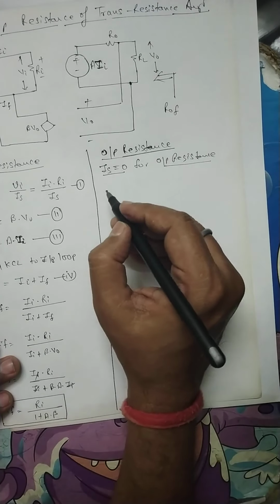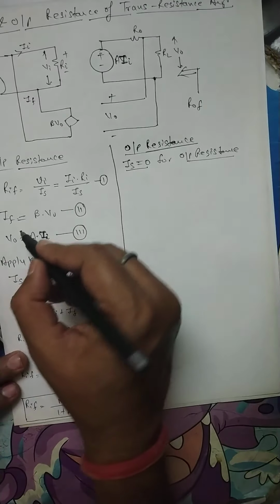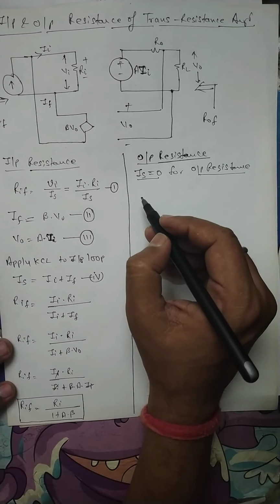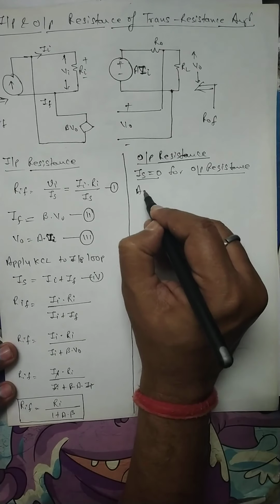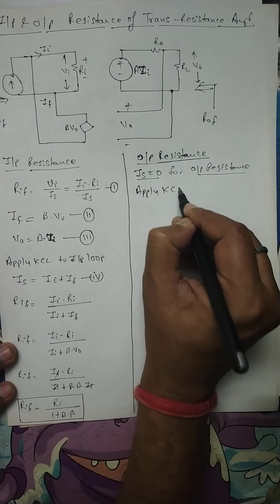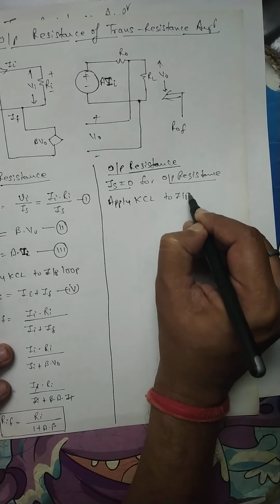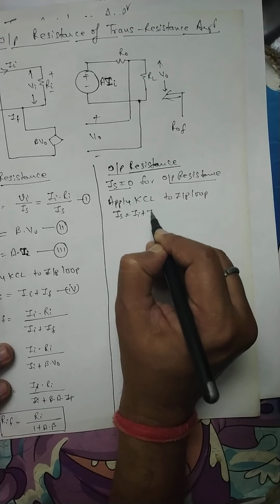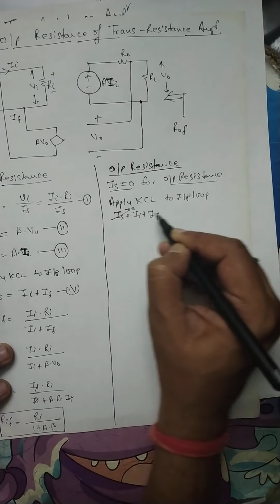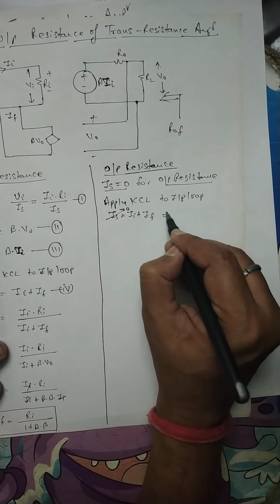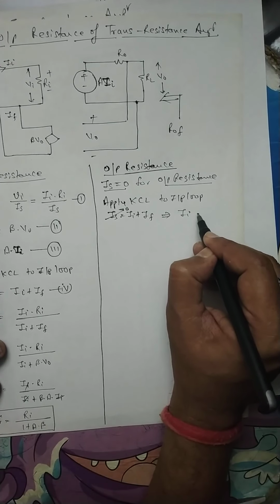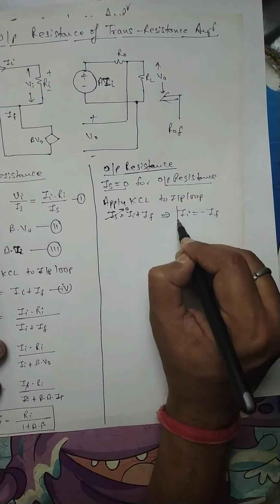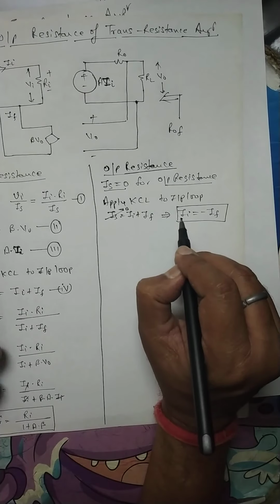So again, from the input side, apply KCL to the input loop: Is = Ii + If, and Is = 0, which implies Ii = -If.